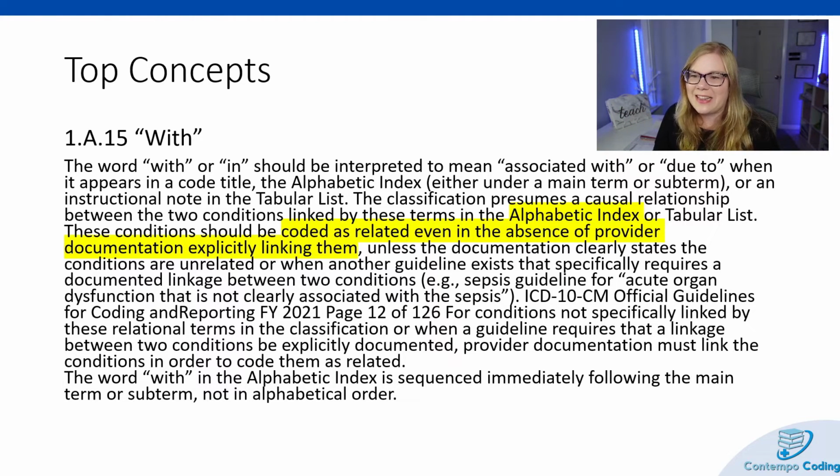It also says the classification presumes a causal relationship between the two conditions linked by these terms in the alphabetic index or tabular list. And these conditions should be coded as related, even in the absence of provider documentation explicitly linking them. Now, what the heck does that mean?